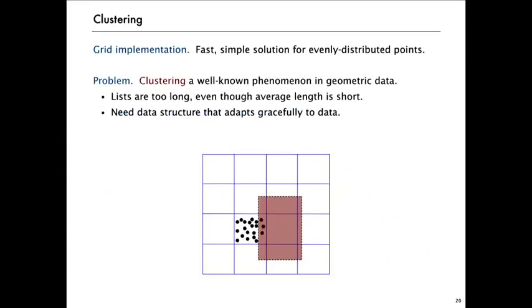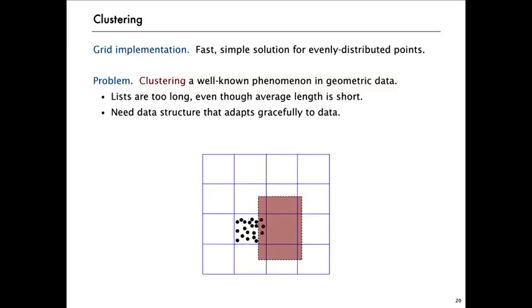Unfortunately, it's usually the case in geometric data that the points are not evenly distributed. And so there's a well-known phenomenon known as clustering that says that the points aren't going to be evenly distributed all over the whole thing. In the case of the grid implementation, they might all fall in the same square.